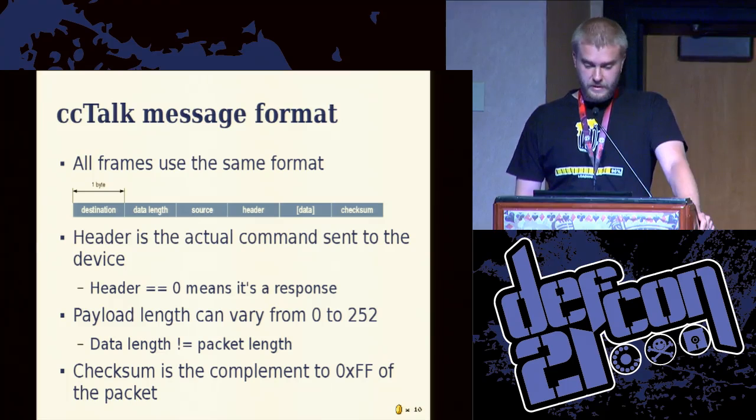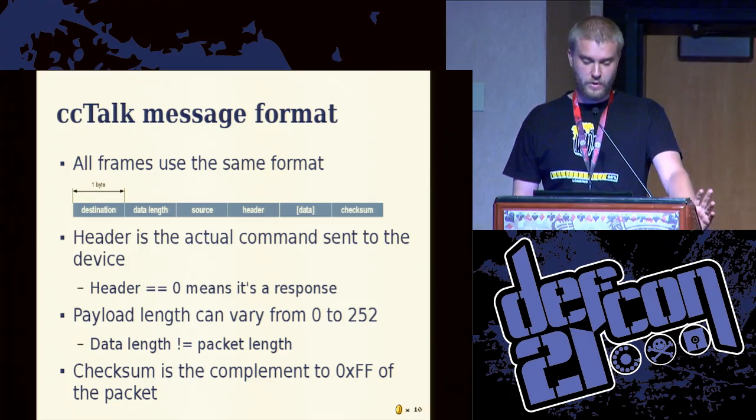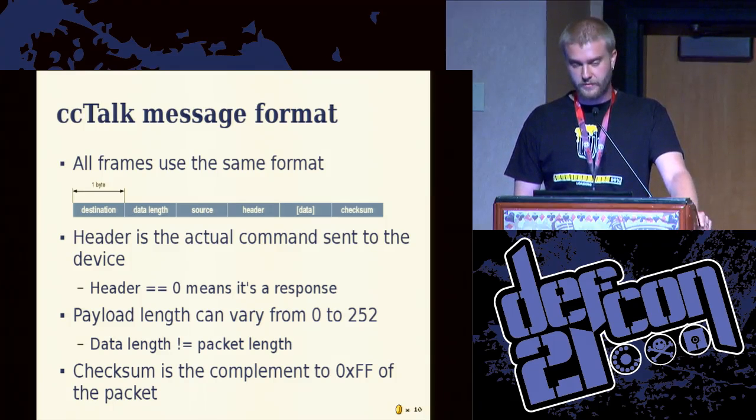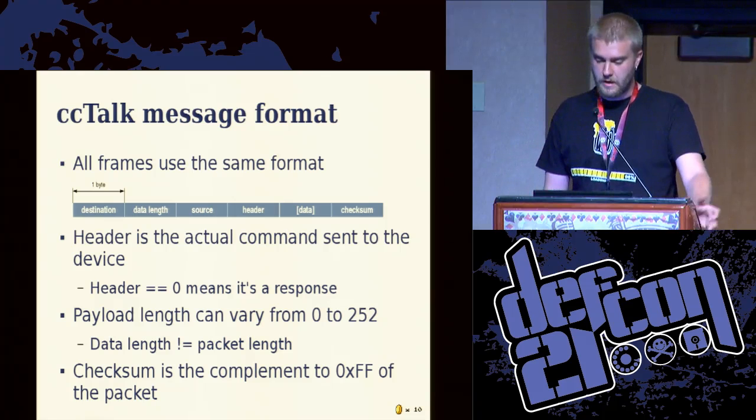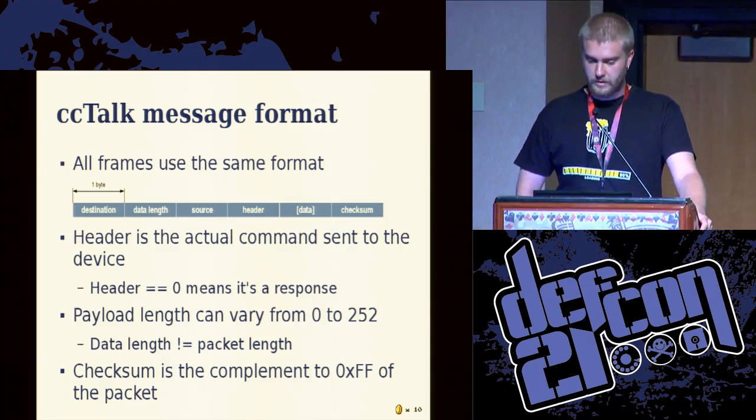A CC-talk frame looks just like this. You have 1 byte for the destination address, 1 byte for the data length, 1 byte for the source, 1 byte for the header. I'll talk about this later. Then several bytes of data, depending on what command you send to the device, and a checksum.